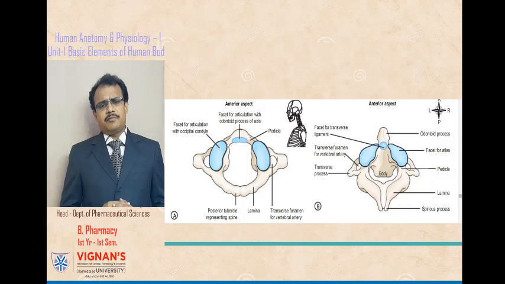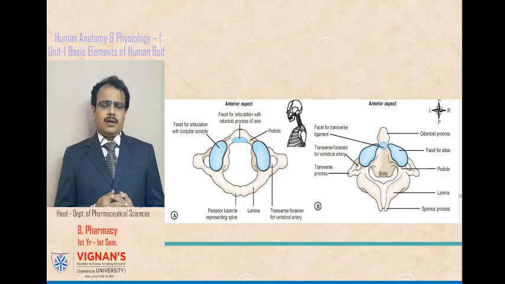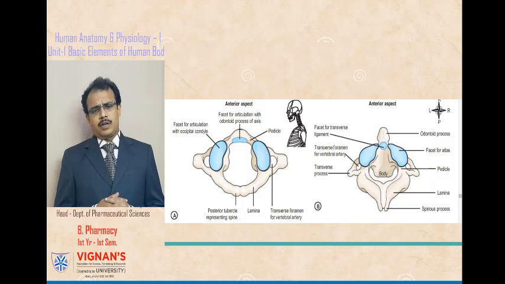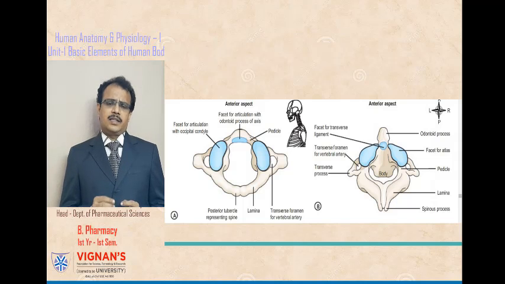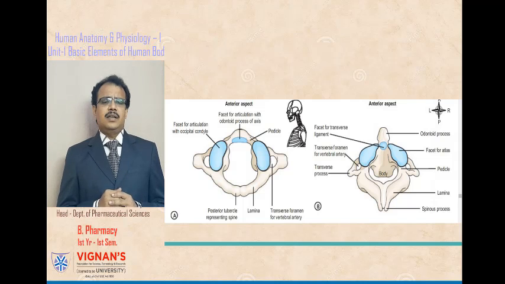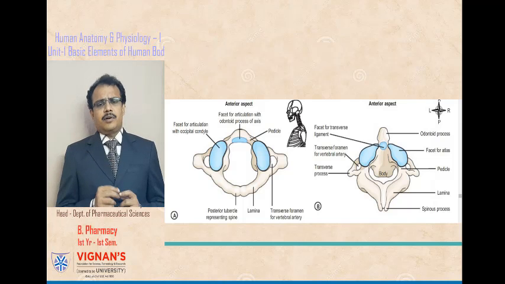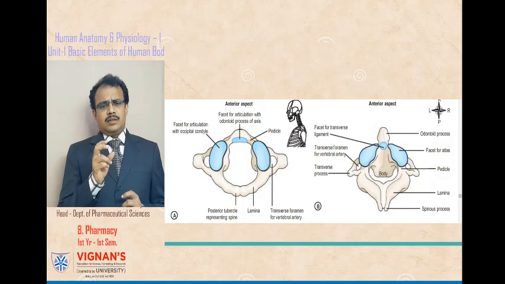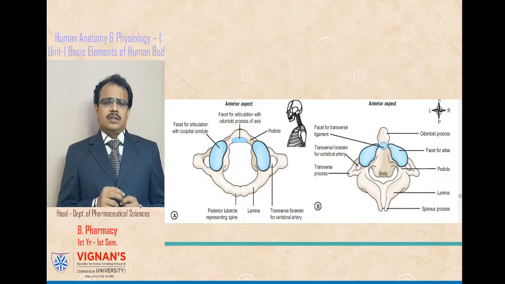Atlas does not have any body which can be distinct, and also the spinous process is not distinct in the atlas, whereas it has the transverse process with a foramen. And this atlas has 2 flattened facets which are necessary for formation of articulation with the condyles of occipital bone, and this condyloid joint gives nodding movement of the head.